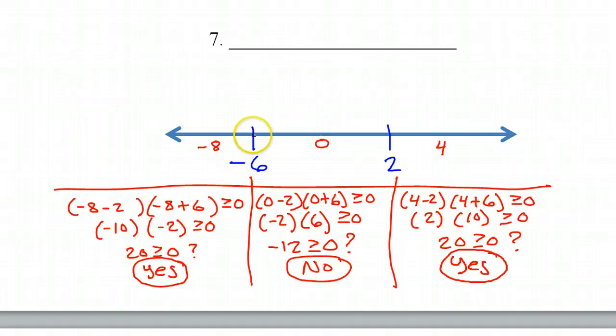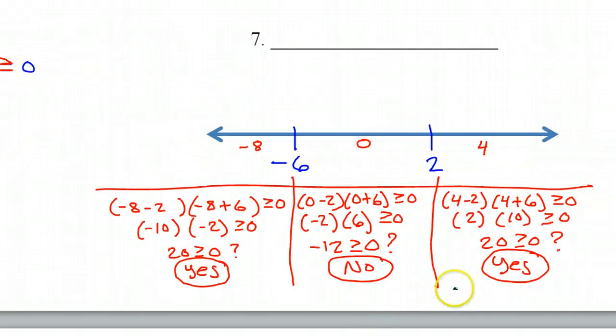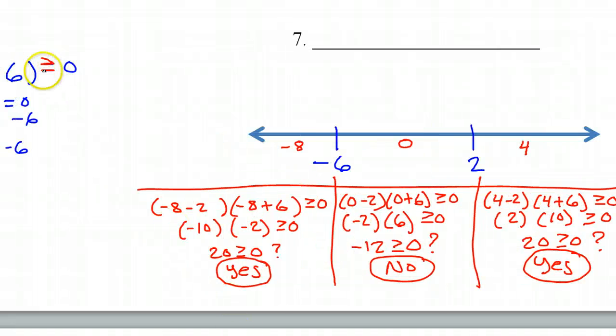Now let's talk about the points themselves, the x-intercepts themselves. Let's talk about negative 6 and 2. Well, in this case, we were looking for values that were greater than or equal to 0. Equal to 0 is fine. And these values themselves are the x-intercepts. They are designed to give us a value that is equal to 0. So we will include these in the solution set.